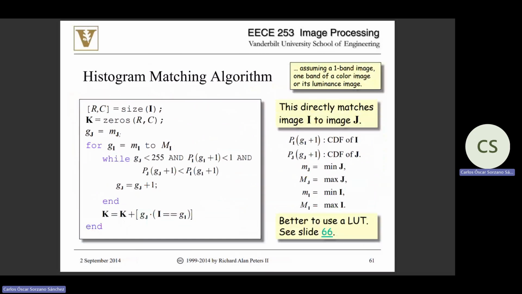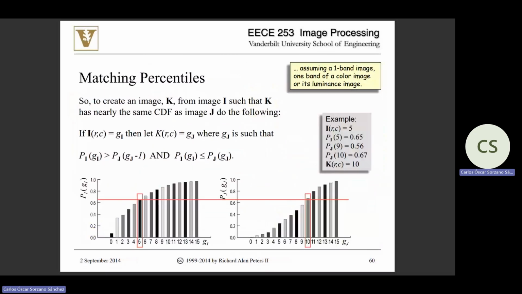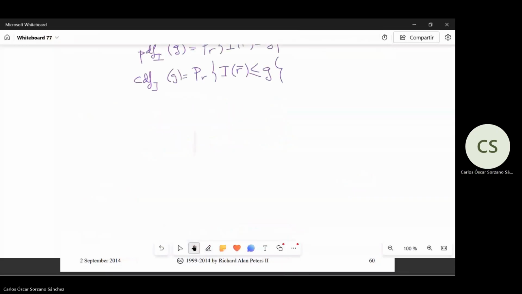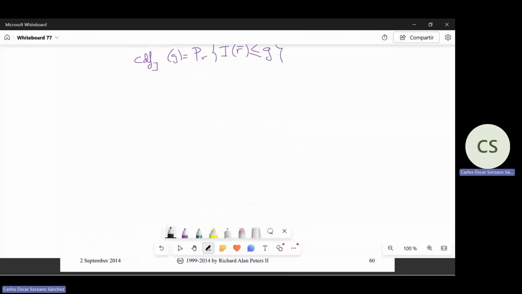Okay, so let's try to formalize that. I have a gray value I. Let's use the same notation as before. I compute what is the CDF of that.